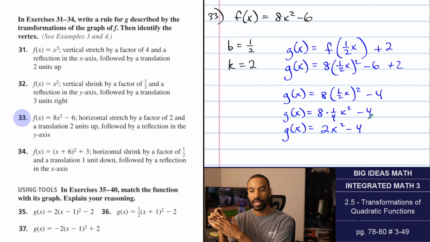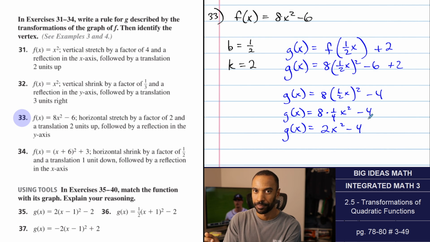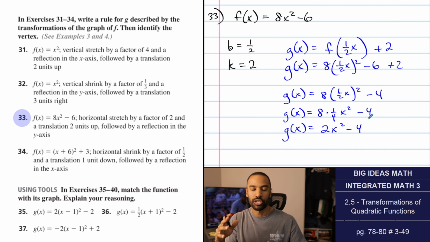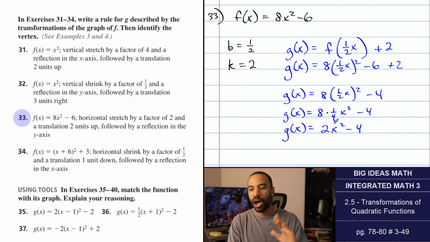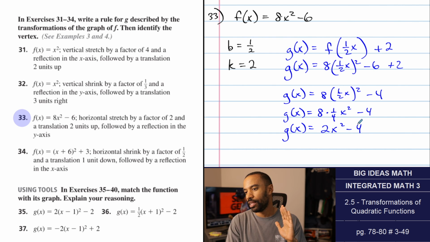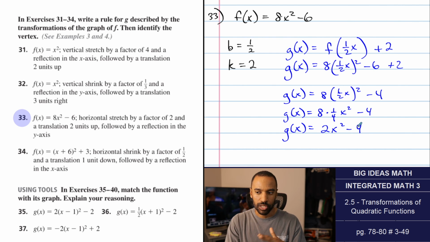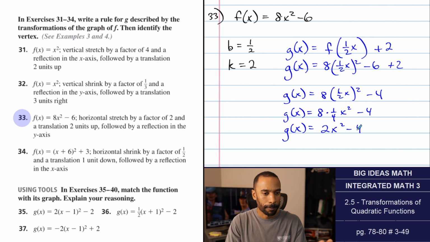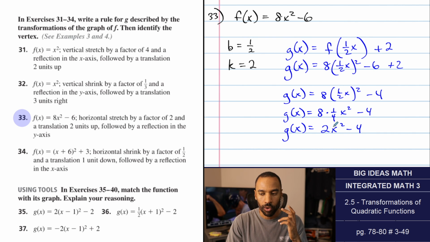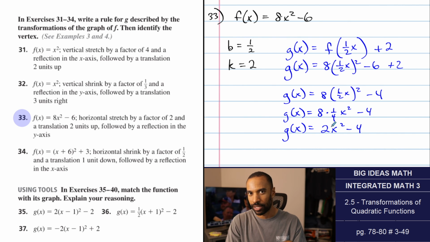I think you would agree this looks significantly better. You take the horizontal stretch and turn it into a vertical compression on the original function. The translation 2 units up is being applied. We're all good there. But the vertical stretch is only being applied to just that one portion of it. Okay? All right.